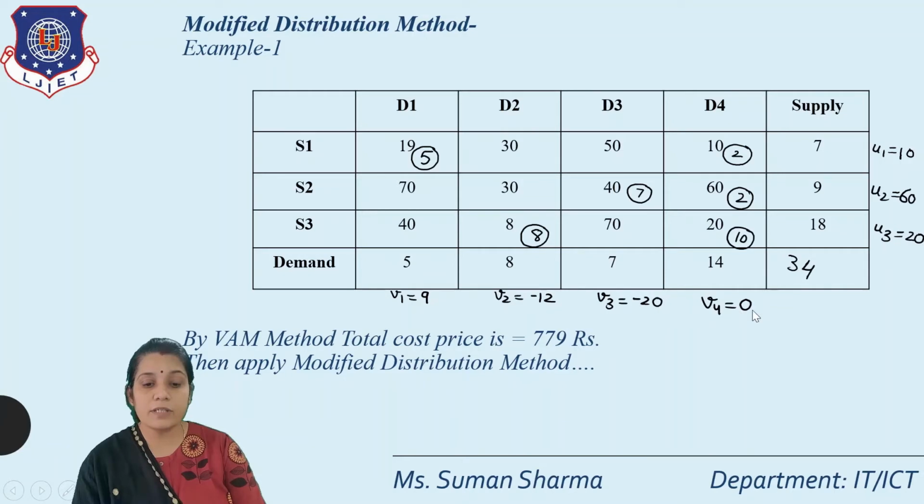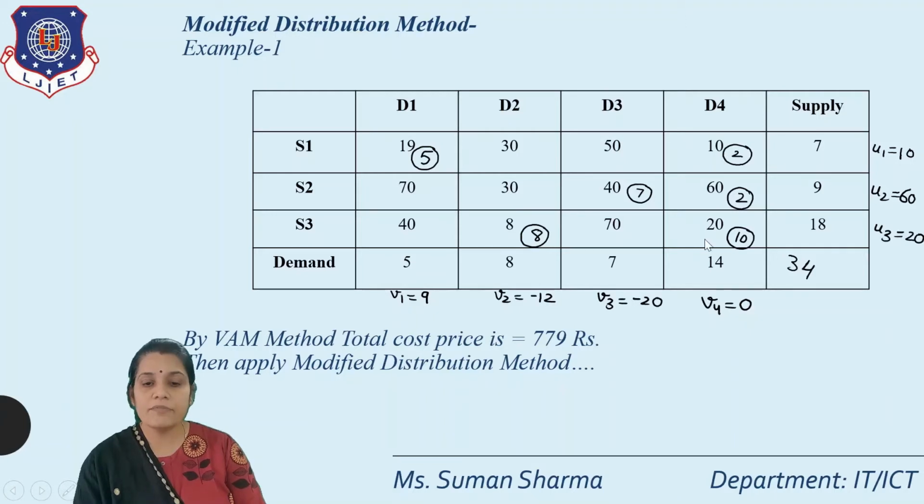And what is the logic? The logic is that for the row or column with the maximum allocations you consider 0. In case you randomly put U1 as 0 or U2 as 0 or U3 as 0, it's okay, all methods are correct. Okay, so we consider that this has three allocations, so V4 is equal to 0.